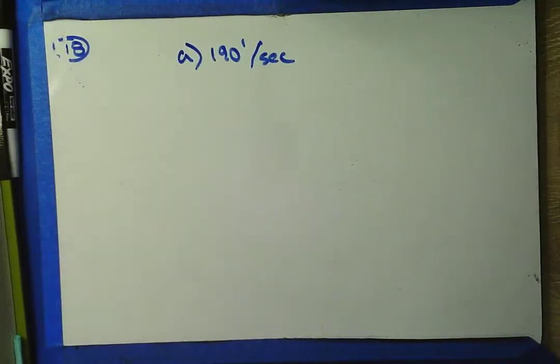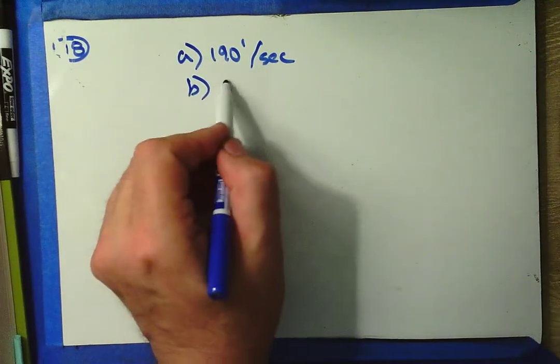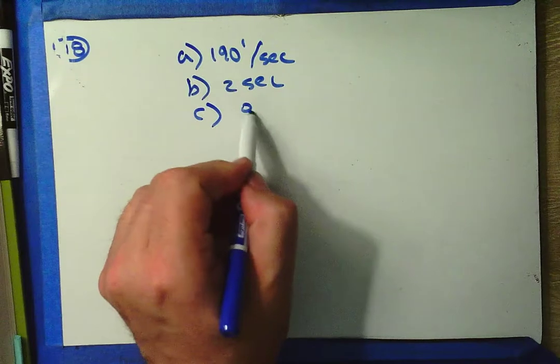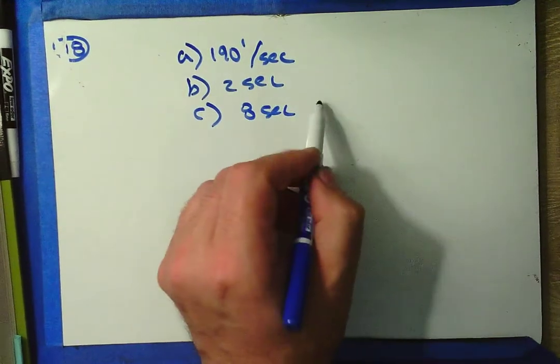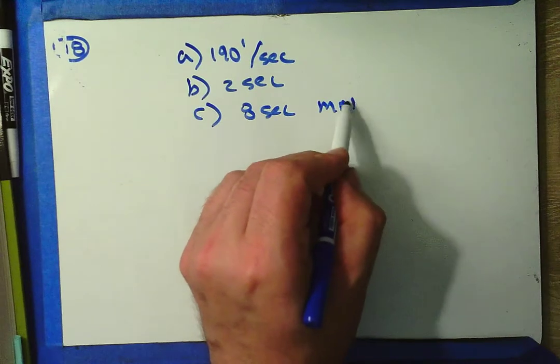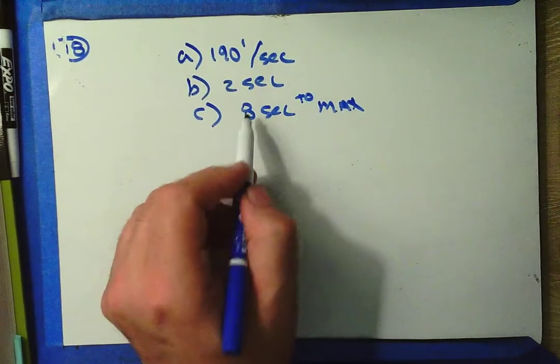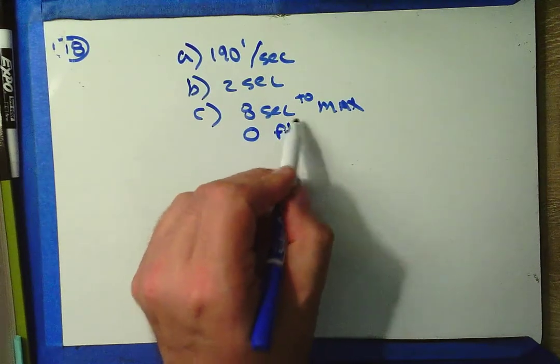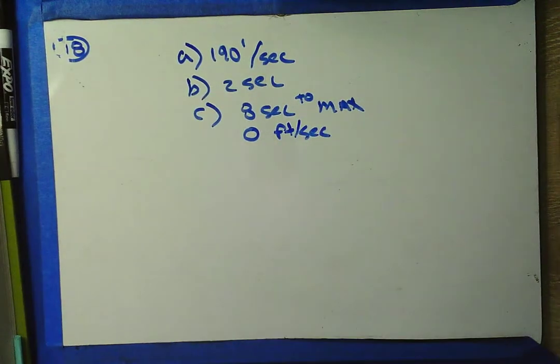So after 8 seconds, we're at our maximum. So B was the engine burned for 2 seconds. C was after 8 seconds, we're at our max, and our velocity then is 0 feet per second.